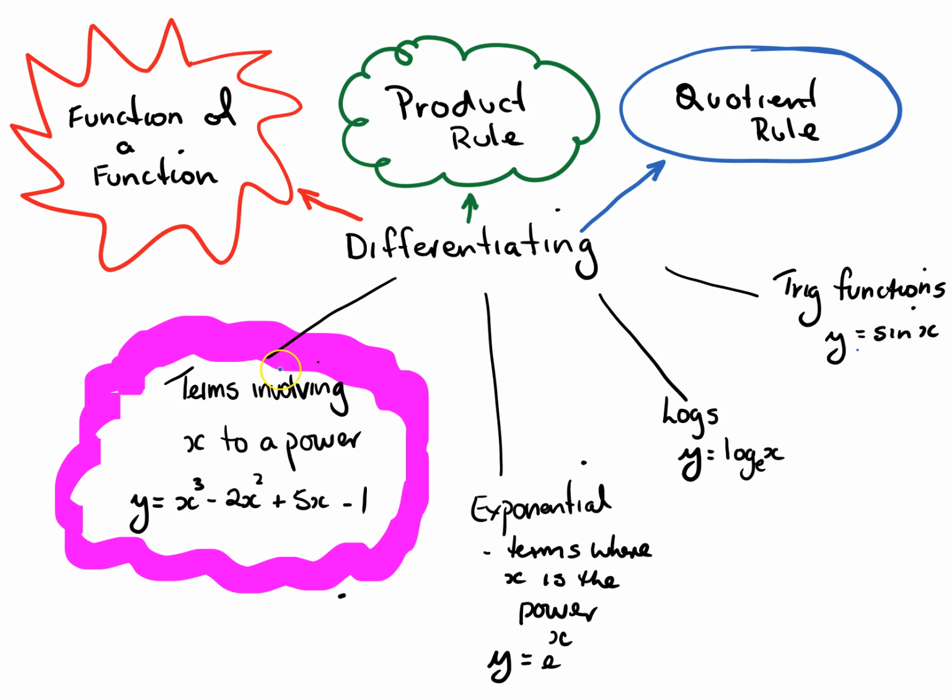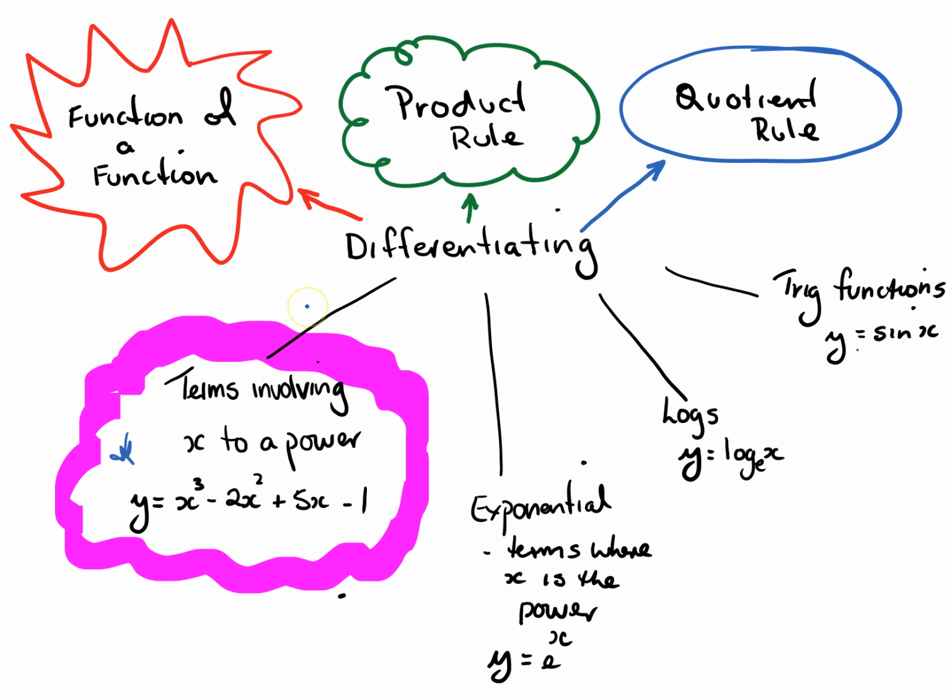So back to here, this is where we are. We're just learning this shortcut method because differentiating from first principles for these particular sorts of functions is not necessary.